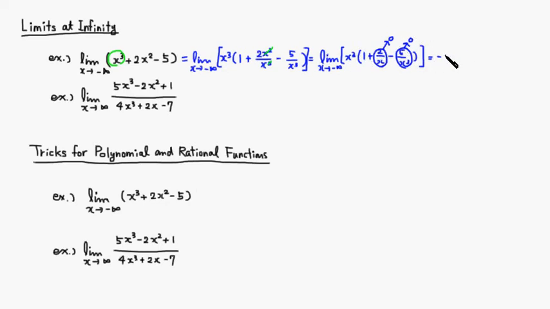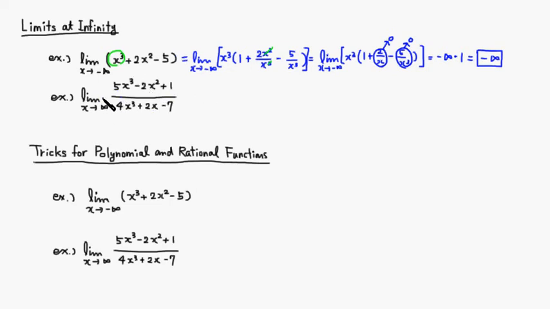So it's negative infinity multiplied by basically 1, so 1 plus 0 is 1, which is, of course, negative infinity. So that's that.